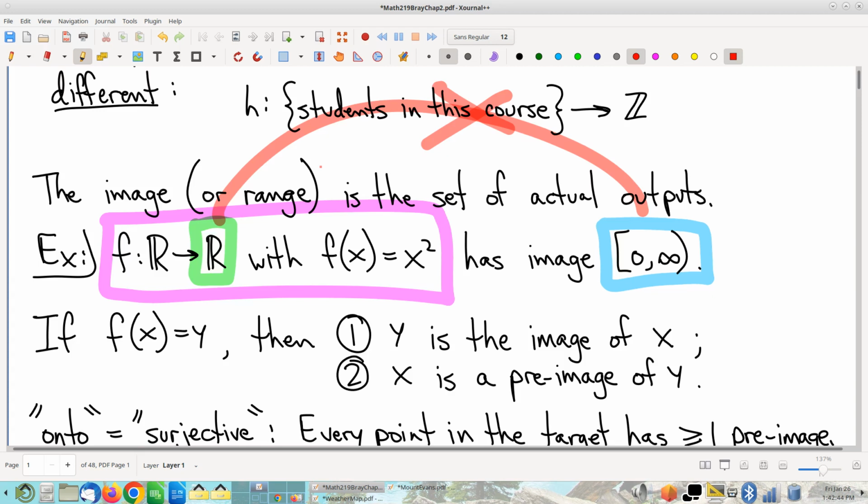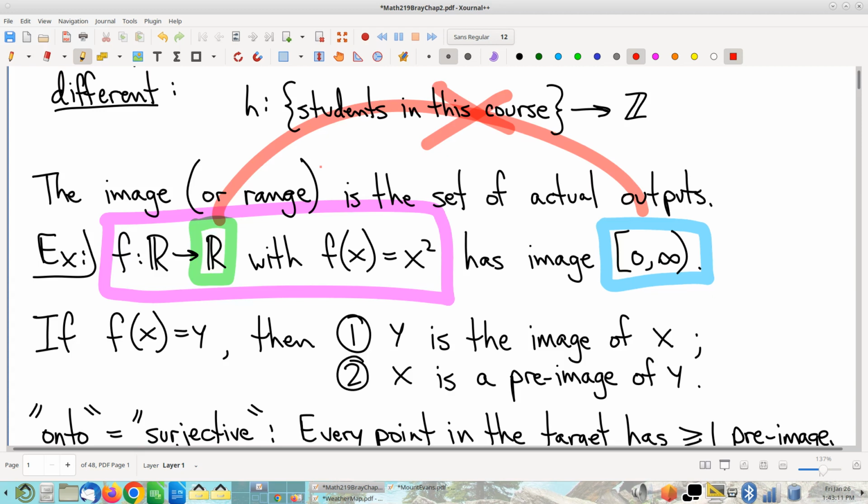Now to your question, what's the range? Sadly, that means different things to different people, and it's very frustrating. Because if you're doing math, you need to be able to communicate with precision. That's kind of what math is all about. And if you don't know what your listener will interpret from what you say, then that's just not good communication.